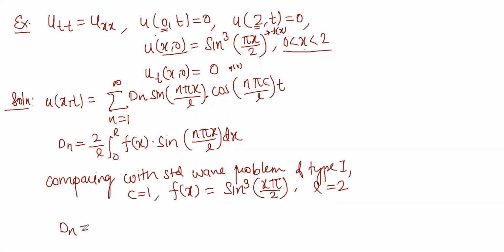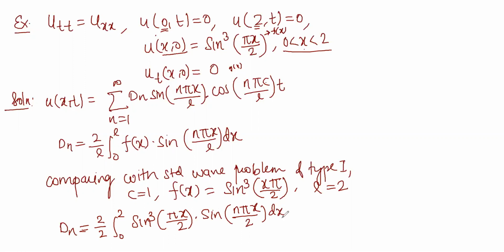So d_n will be 2 upon 2, which will get cancelled, but I still write it because that will help you. And f of x is sine cube pi x by 2 times sine n pi x upon 2, then dx. Our goal is to calculate this integral.